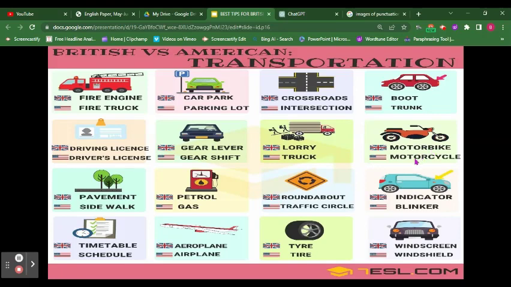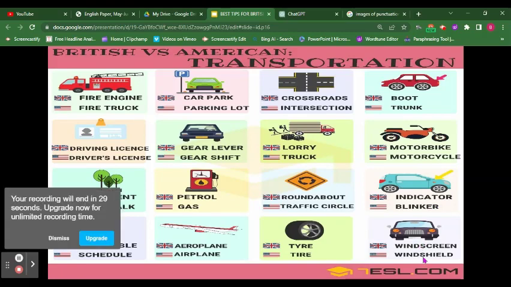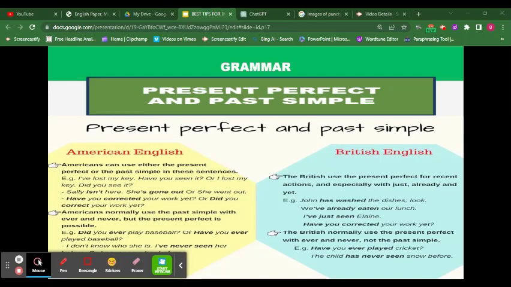Motorbike, British, motorcycle, American. Indicator, British, blinker, American. Windscreen, British, windshield, American. So these are differences that we find in terms of transportation vocabulary.